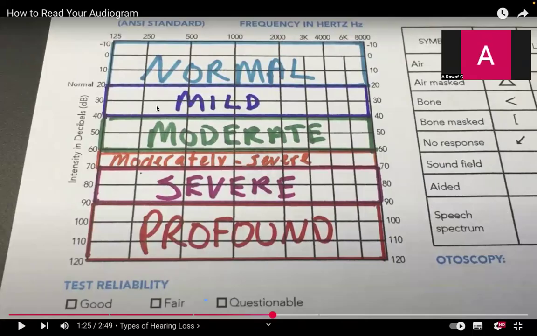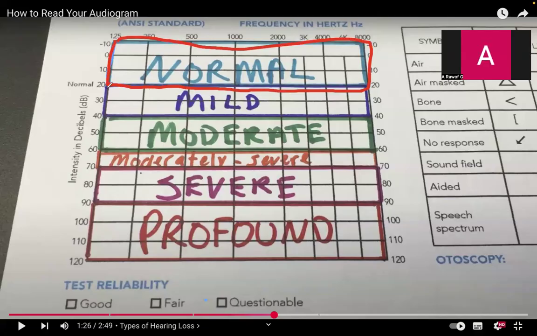So as per this chart, normal hearing is up to 20 decibels. The air conduction and bone conduction should lie within this, and we know that bone conduction is always better than the air conduction.